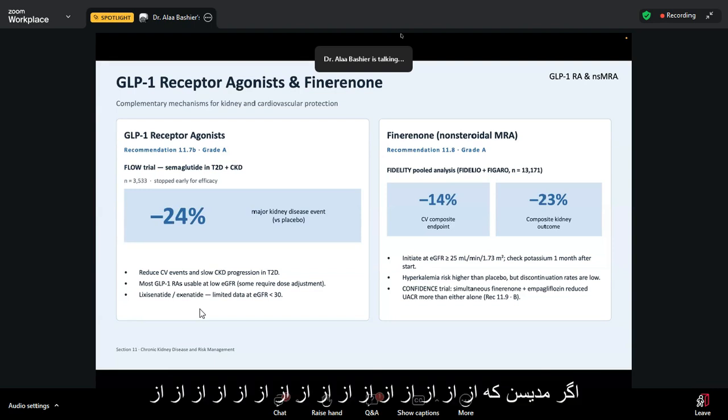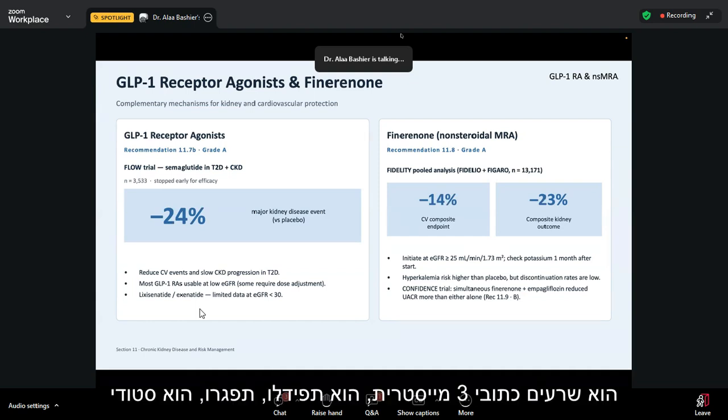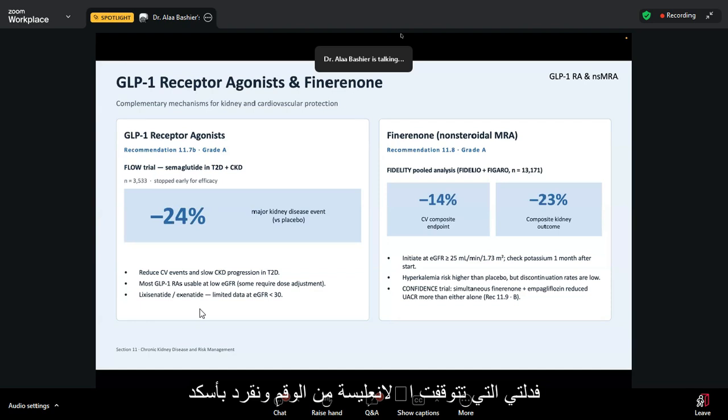The other medicine, and I'm sure Dr. Ahmed is going to give you full details about it by the end of the presentations, is finerenone, a non-steroidal mineralocorticoid receptor antagonist. There were three major studies with finerenone: FIDELIO, FIGARO, as well as FIDELITY, which is a pooled analysis of the renal outcome and cardiovascular outcome.